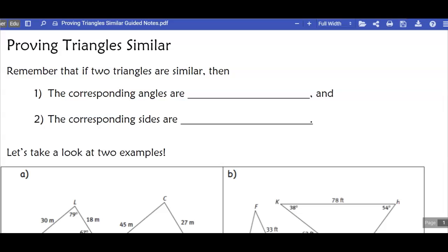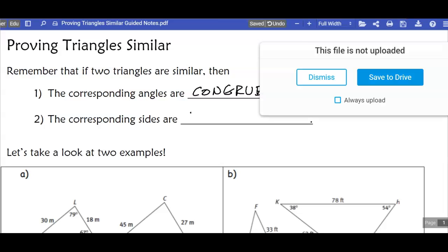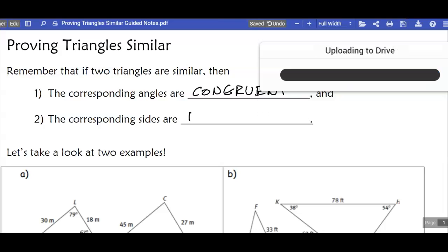Remember that if two triangles are similar, then the corresponding angles are congruent, and the corresponding sides are proportional.